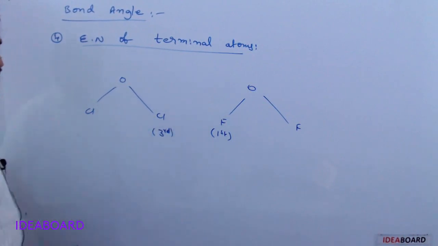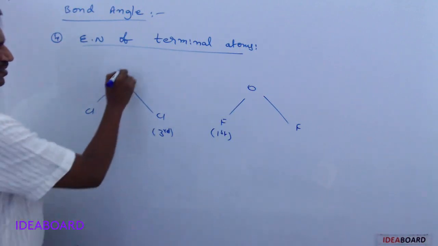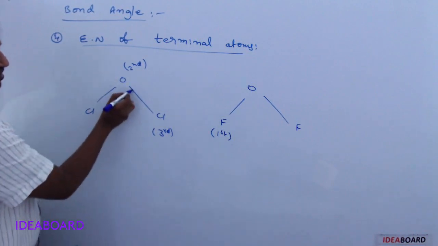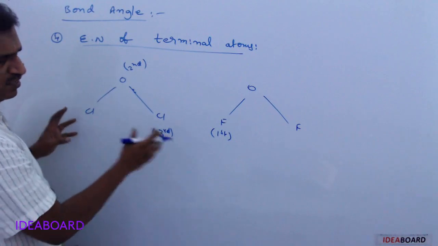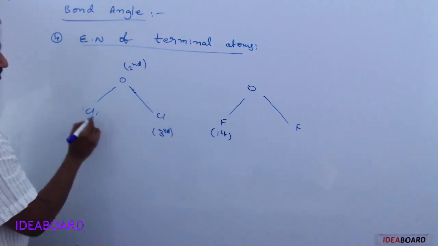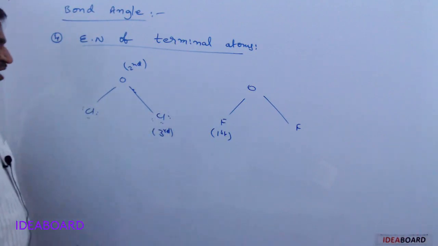Oxygen, nitrogen and chlorine have nearly the same electronegativity. Here, oxygen is the second most electronegative element. So what happened? This pair of electrons is near to this, so the lone pair repulsions are more, or here chlorine has more repulsion because of its bigger size also.